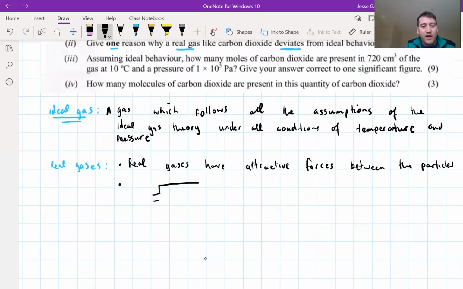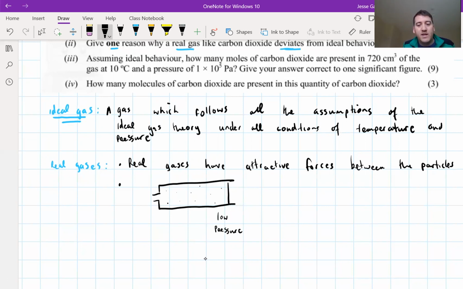For example, if we take a syringe full of gas like this, and we will draw the particles in here. I'm drawing them very tiny, as you see. So these are particles of a gas. Here we can say that the particles are very, very tiny compared to the space between the particles. So this is a low pressure. So under low pressure, this is kind of true, that the particles themselves are tiny compared to the spaces between them.